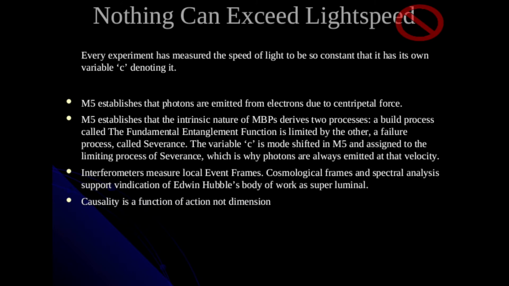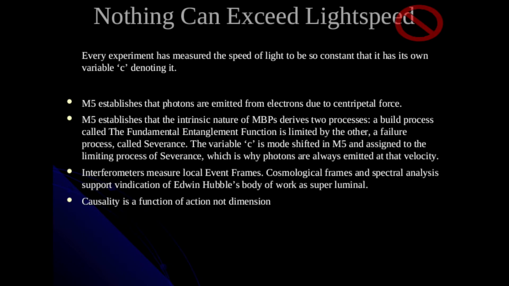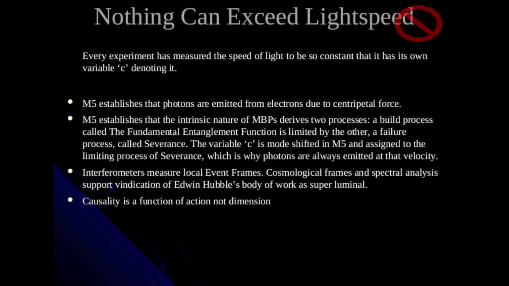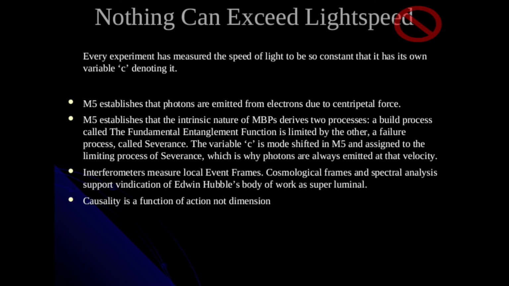Interferometers, like the device used by Michelson and Morley, measure local event frames. Cosmological frames and spectral analysis actually support vindications of Edwin Hubble's body of work as superluminal. So things do all day long go faster than the speed of light, and the galaxies are receding from one another. We'll get into that in just a minute.